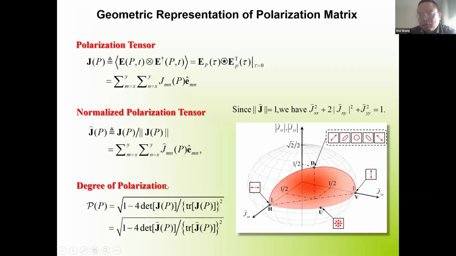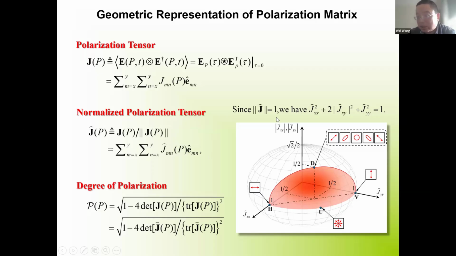The degree of polarization can be defined either through the polarization tensor J, or through the normalized polarization tensor J hat. Noting that the polarization matrix is Hermitian, JXY is the complex conjugate of JYX.